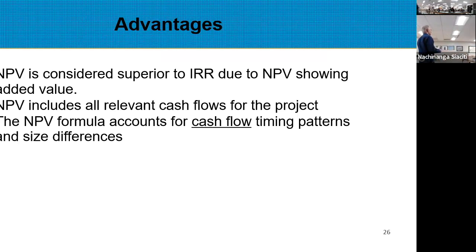So you can include things like that. If you're looking at a project and say, okay, I'm going to do it at this size for 5 years, and in year 5, I'm going to increase the capacity of the plant for the next 5 years, you can account for that quite easily.